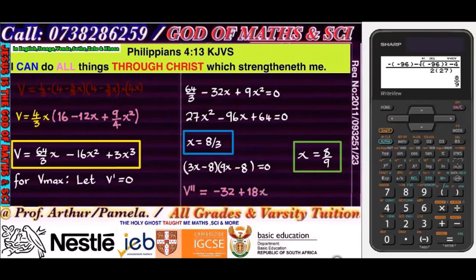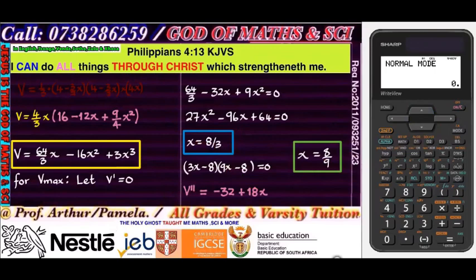There we go. So if I substitute into the pink, blue or green, the one that gives a negative answer is for the maximum.